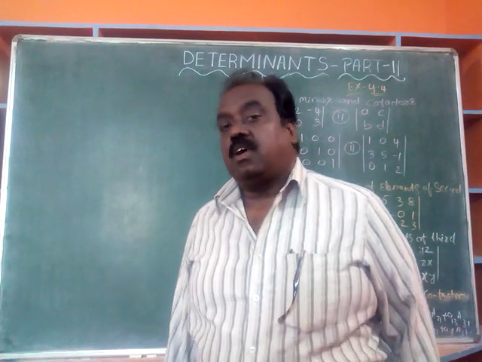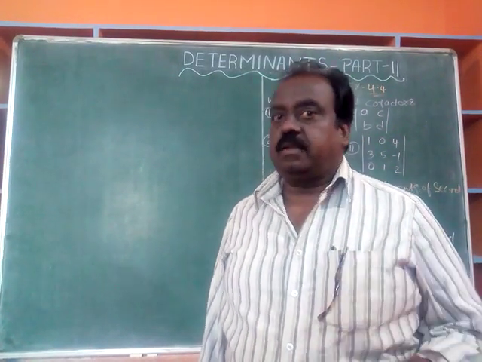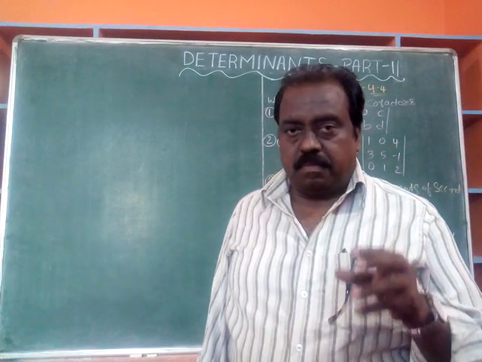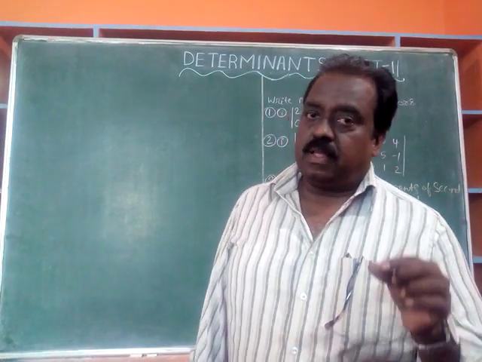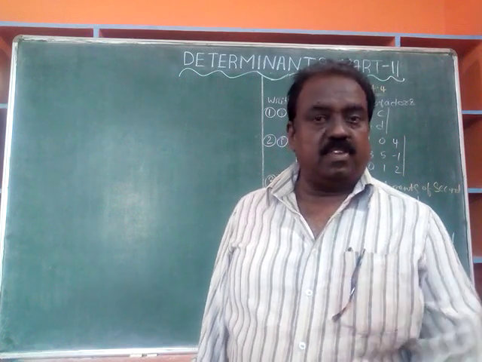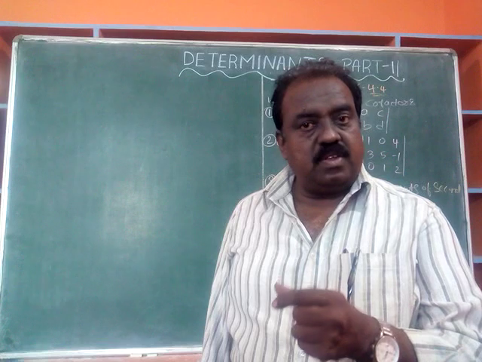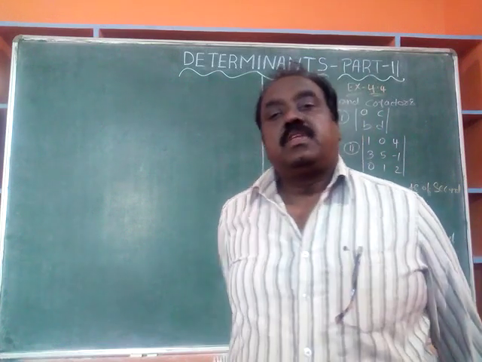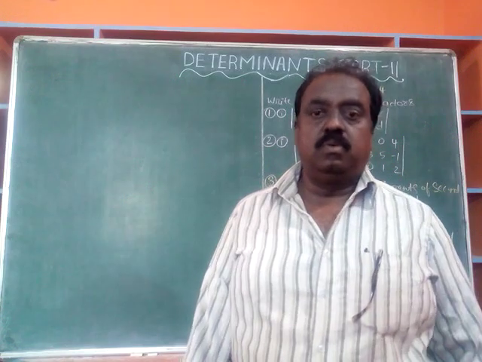And cofactor is related with minor: the minor of an element is multiplied by -1 power i plus j, where i is the ith row and j is the jth column. Everything is taught clearly. We solved some examples also.